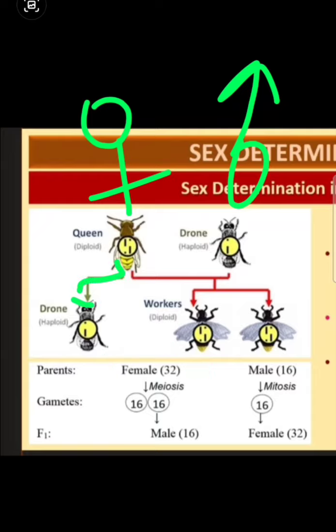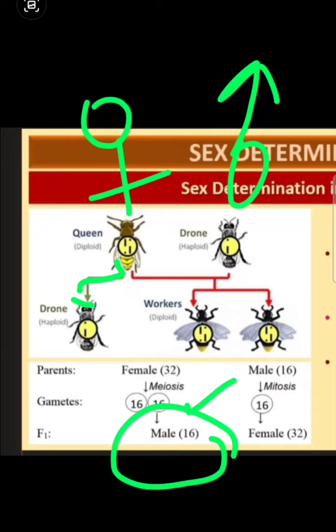She will form gametes by meiosis, the reductional cell division. That means she is getting gametes with 16 chromosomes, and since 16 develops as male, males will have 16. So without fertilization the female is giving birth to male offspring.